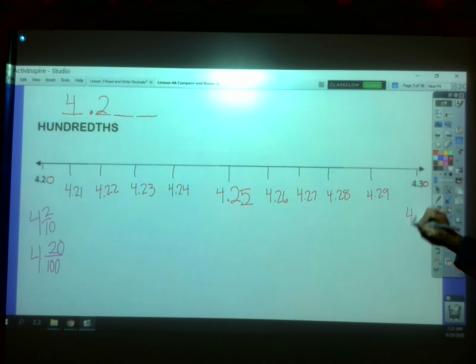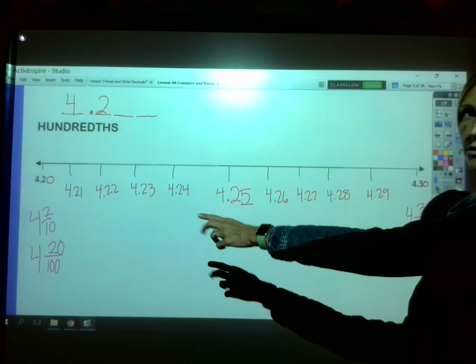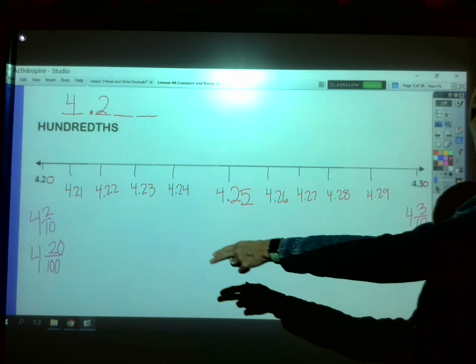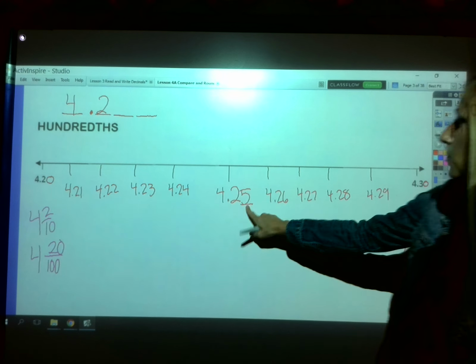So this would be 4 and 3/10. And what fraction would it be then? Thinking of what we did here, 2/10 became 20 hundredths. What would this one be? So it would be 30 hundredths. You have those equivalent pieces. So let's try this one.